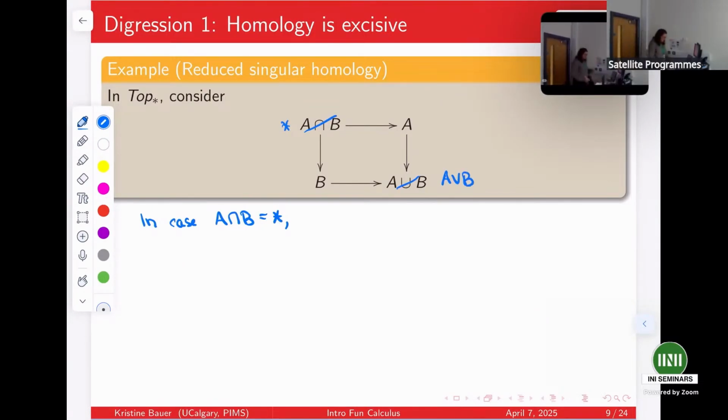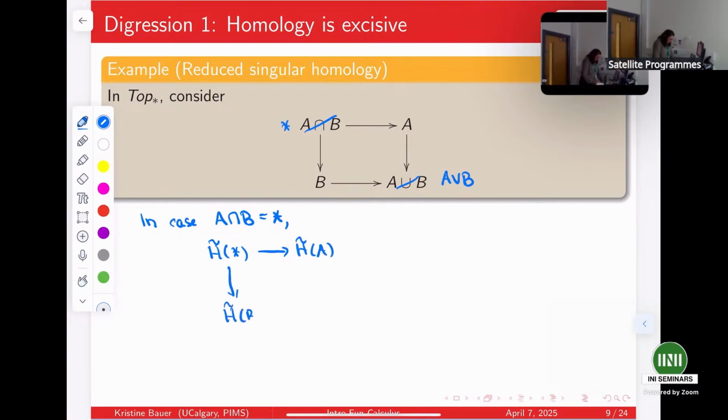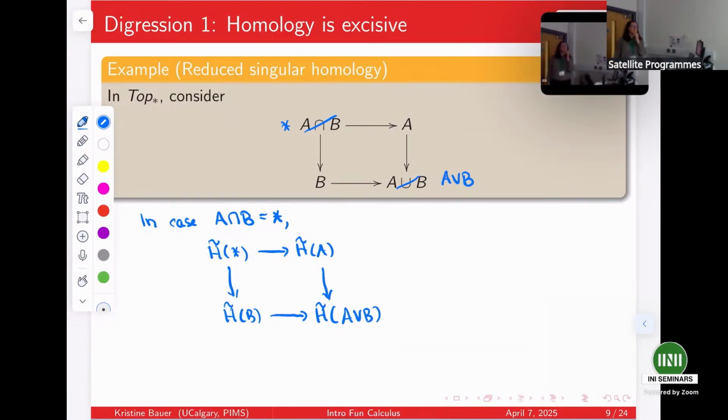And in this case, when I hit this with homology, what I end up getting is the reduced homology of a point, mapping to the reduced homology of A, the reduced homology of B, and the reduced homology of the wedge. And this, in fact, if I'm thinking about reduced homology as a functor to graded groups, is actually a strict pullback, not just a pullback diagram.